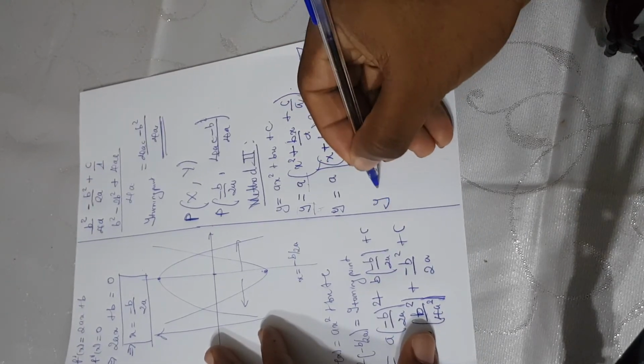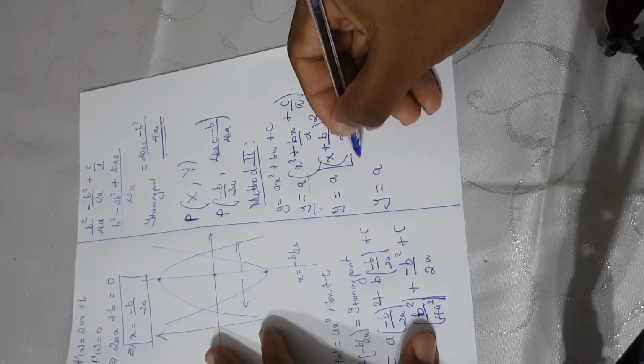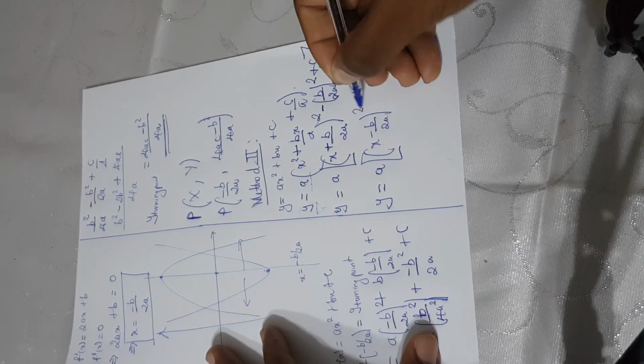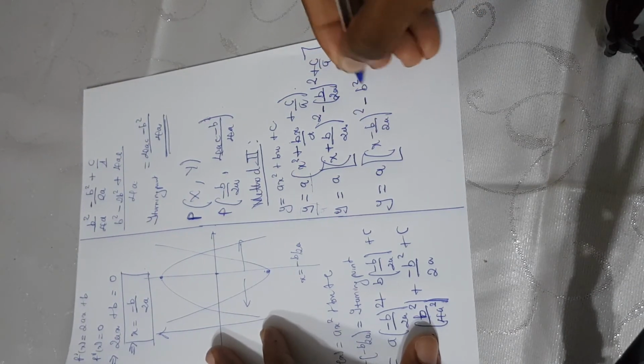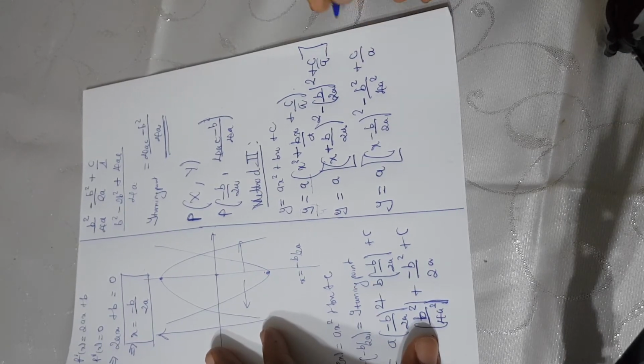So the y here is equals to a all into x minus b all over 2a squared minus b squared all over 4a squared plus c all over a.